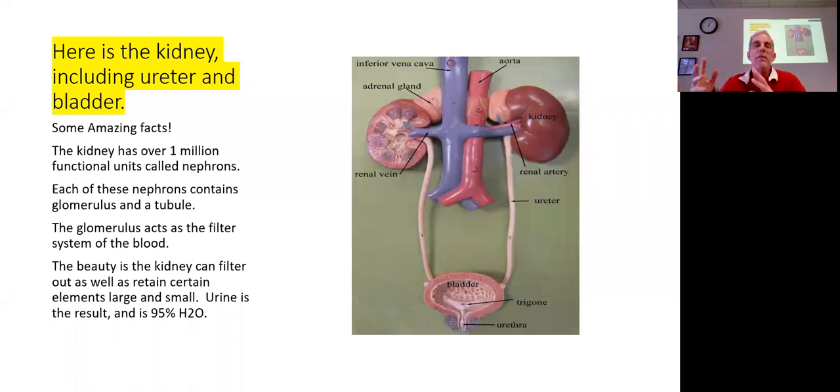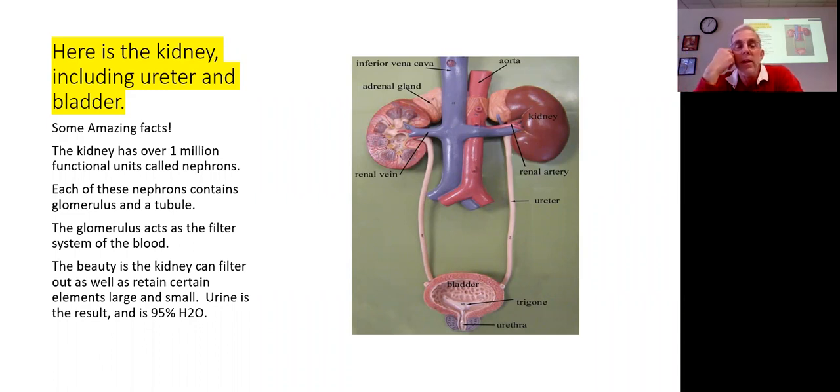And each one of these nephrons contains that glomerular pocket, and then a tubule that comes out of that glomerulus. In that glomerulus is where filtration of the blood takes place.